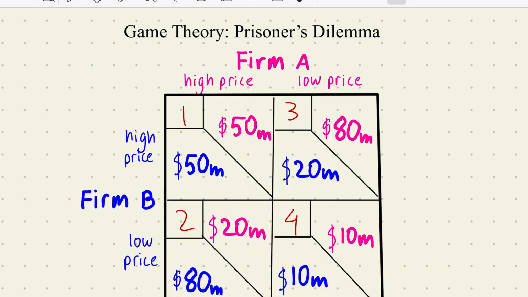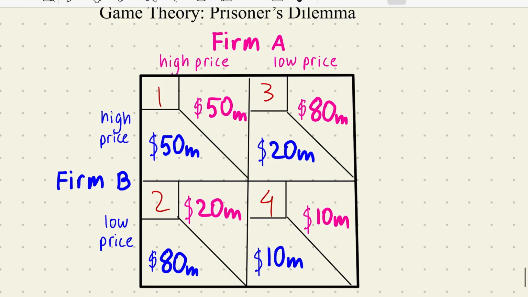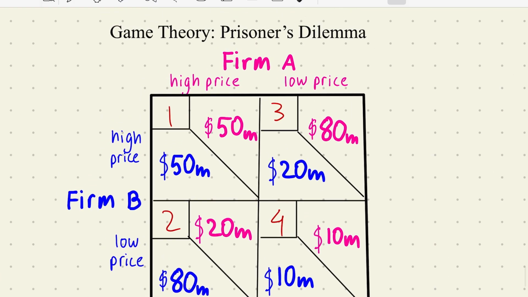So this is sort of the idea behind a prisoner's dilemma. You need to anticipate your competitors' or your opponent's actions, and based off that, you make your own strategy. And so game theory is supposed to demonstrate this important feature of behavior of oligopolistic firms.